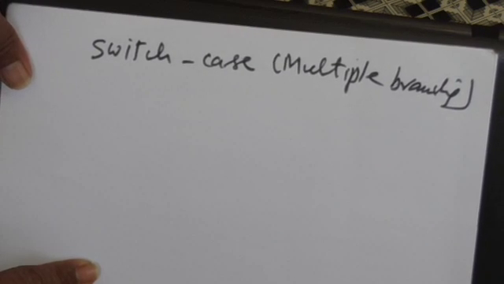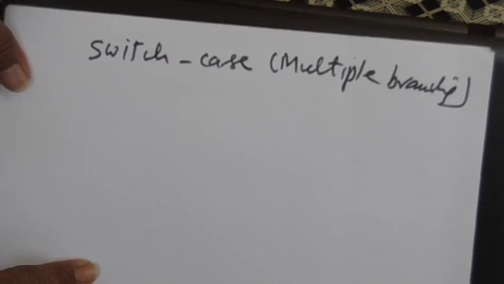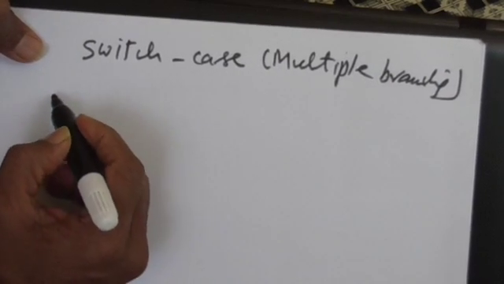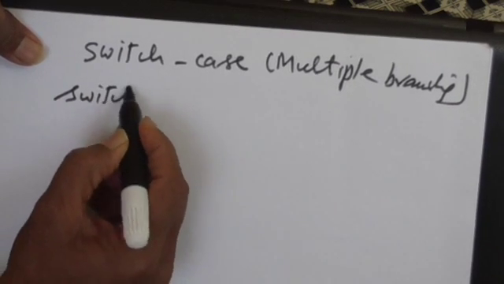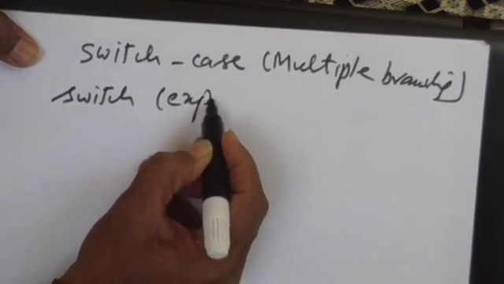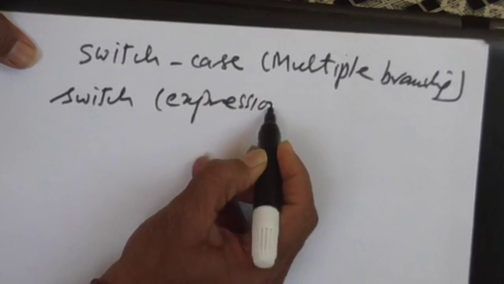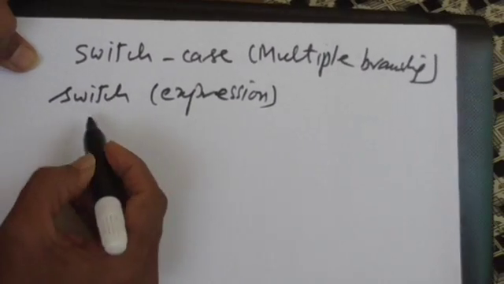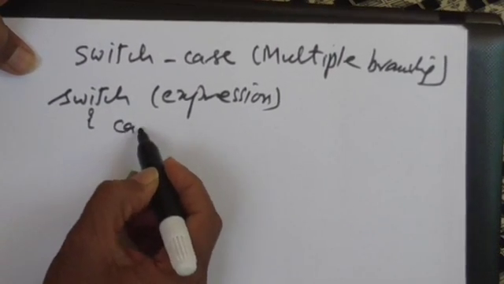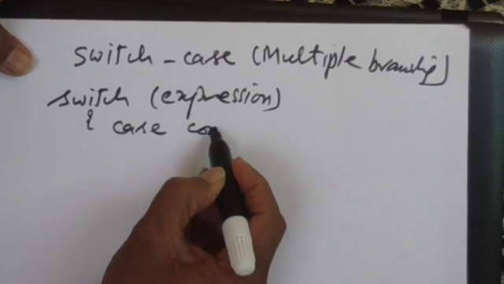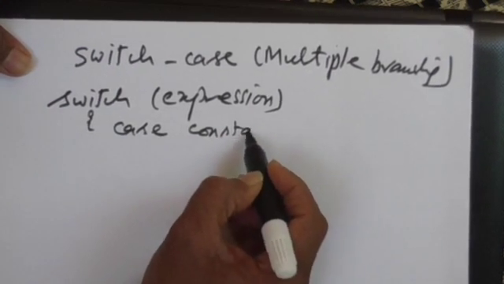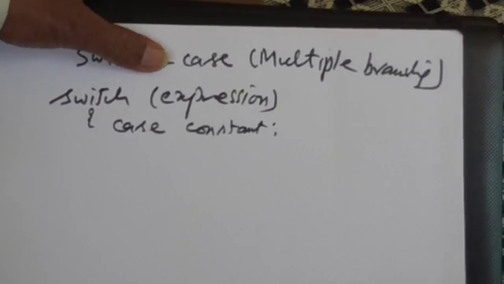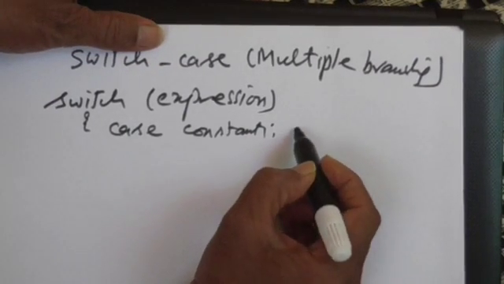However, let us see the syntax in the case of C, C++ or Java. It may look like this. Switch and an expression, then say case, some constant and a colon: constant 1 colon and some statements.